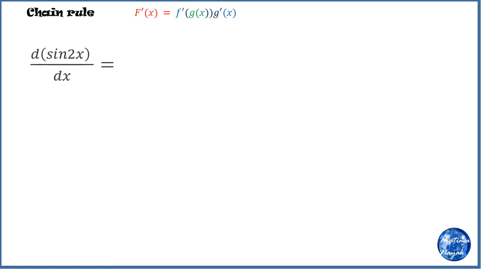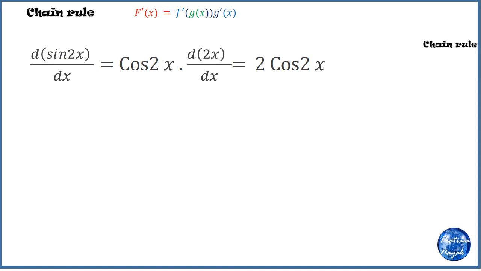So we will write cos 2x. Next we will differentiate the inner function. So it will be the derivative of 2x with respect to x, and derivative of 2x everybody knows. So it will be 2 multiplied by cos 2x.